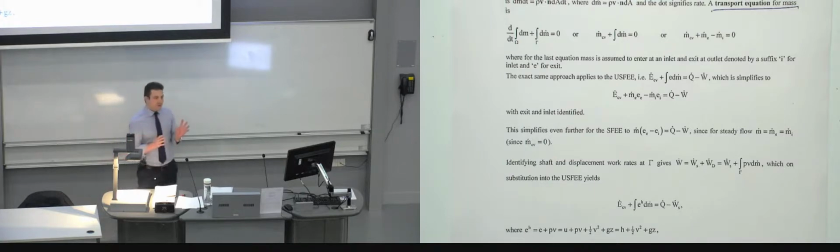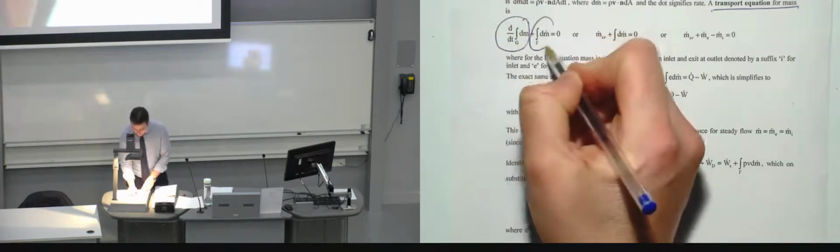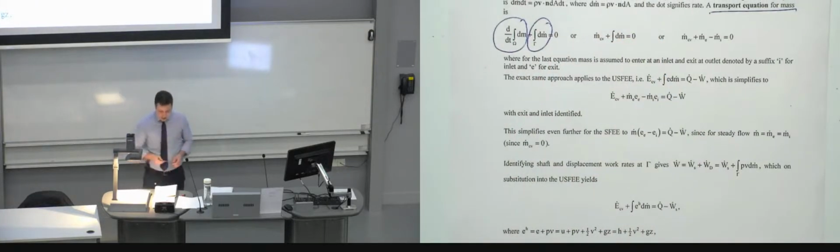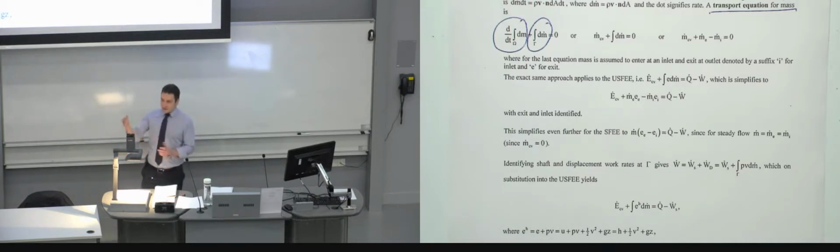In general, if you are defining a transport equation for any quantity, you've got two parts. Part 1 is looking at the change of that quantity, or the generation or destruction of that quantity within your control volume.